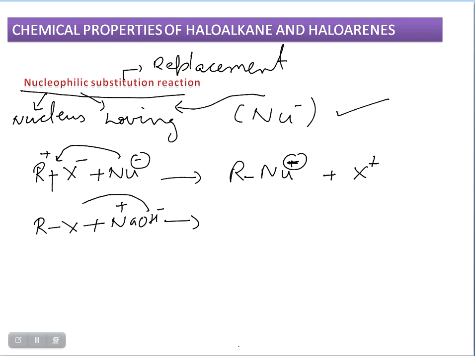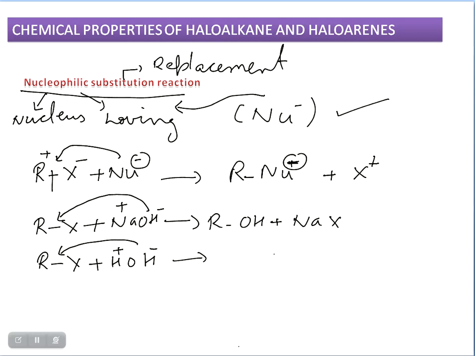This will come and try to break the bond here, remove the halogen X and take its position, giving ROH plus NaX. Next example is RX plus HOH. This is the positive part and this is the negative part. This will come here and break the bond. It will make ROH plus HX.